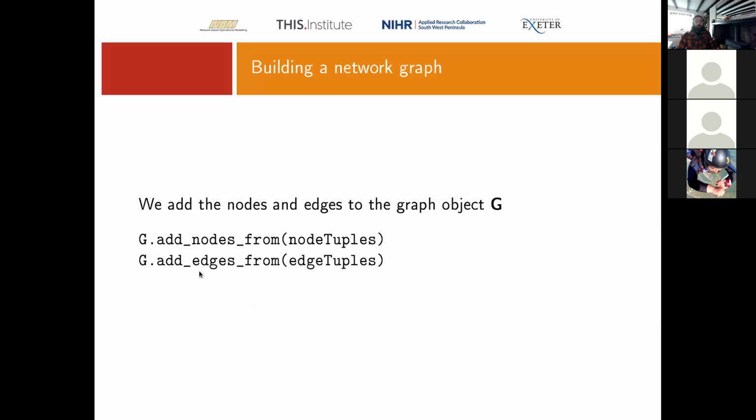We do that simply with the syntax G, which is our graph object, then using the dot operator and the function add nodes from, and we add our node tuples object to that. And the same for the edges: our graph object G dot add edges from, and the edge tuples object gets added there.